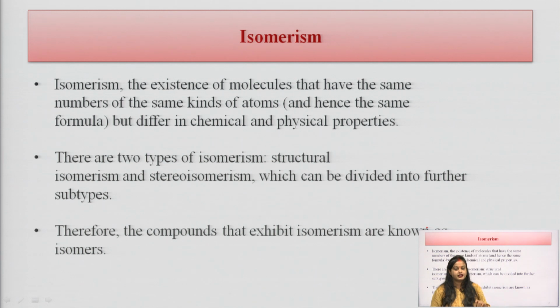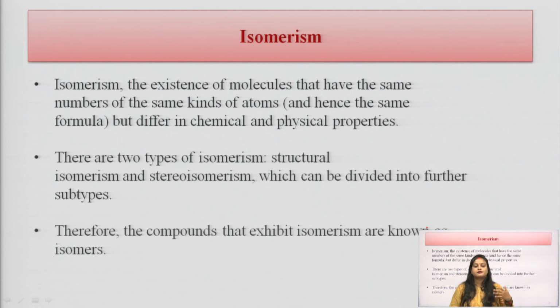Molecular formula means the compounds have the same carbon atoms, hydrogen atoms, oxygen atoms and other heteroatoms, but the chemical structure will be different, even with the same molecular formula.